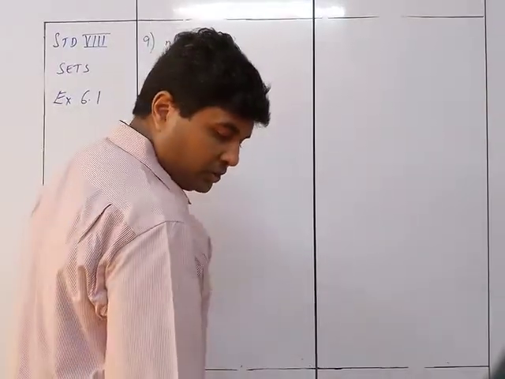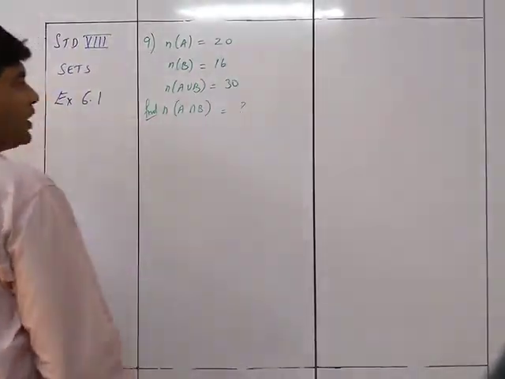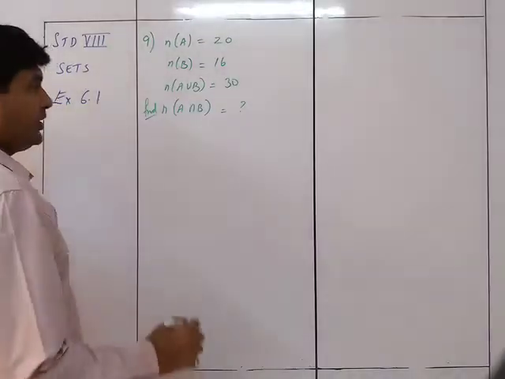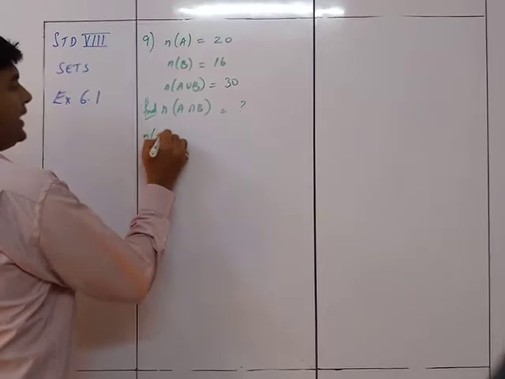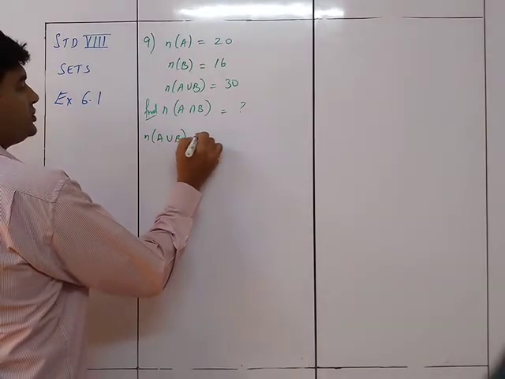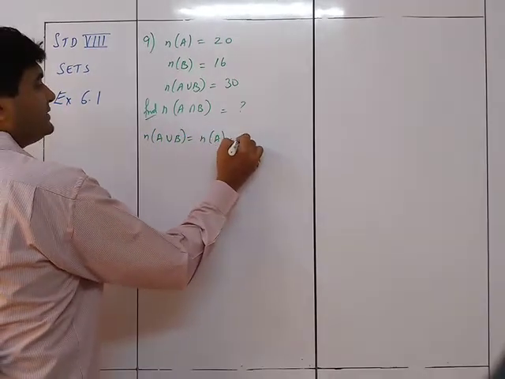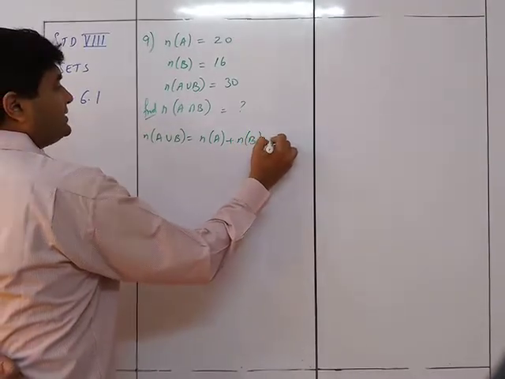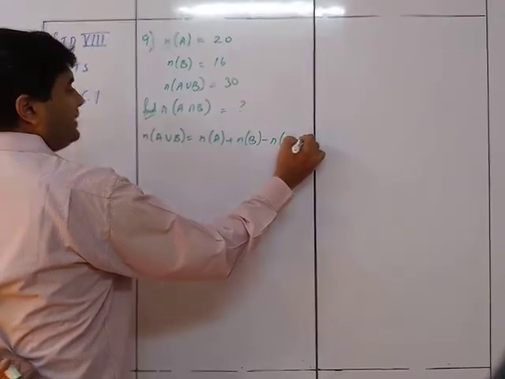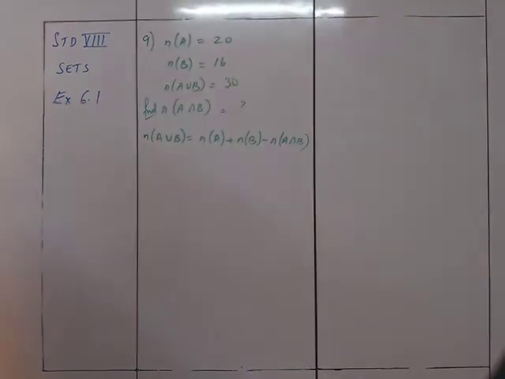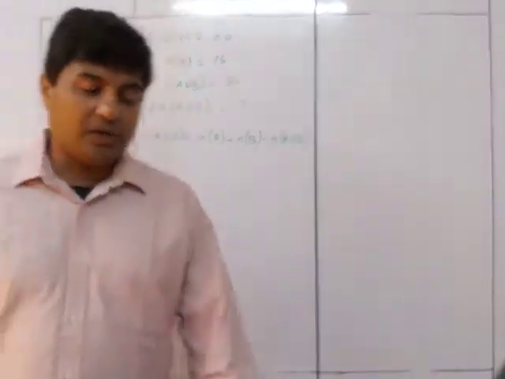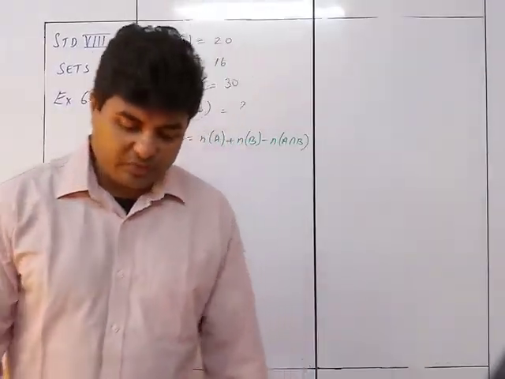So this is purely formula based, because we know that n(A union B) is equal to n(A) plus n(B) minus n(A intersection B). This is a formula which we had written down earlier in the previous video.